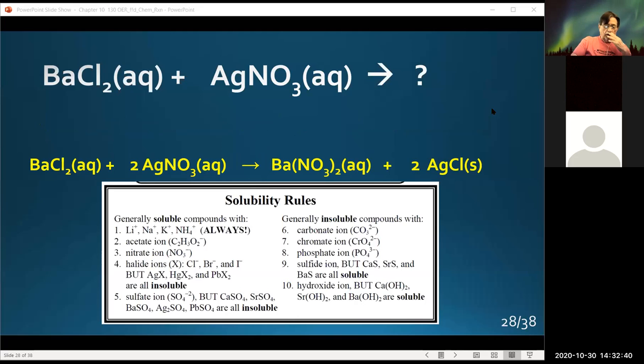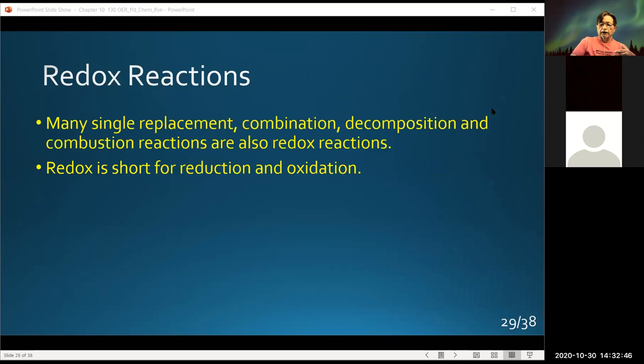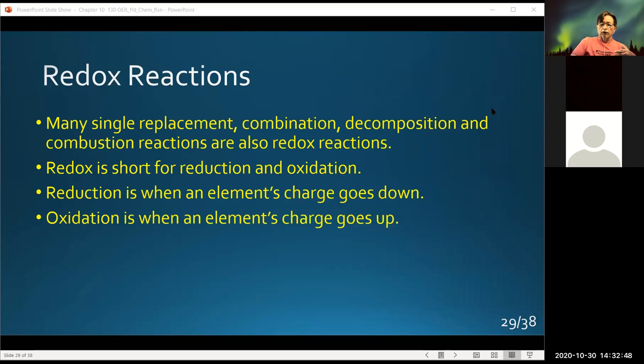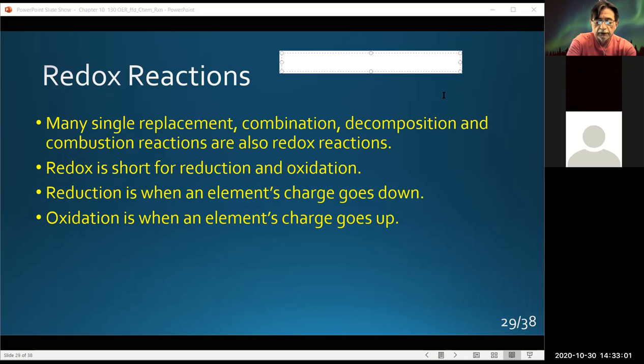Okay, so these types of reactions that we talked about are classified as what we call redox reactions. What that means is it's a term that has been put together from two terms.